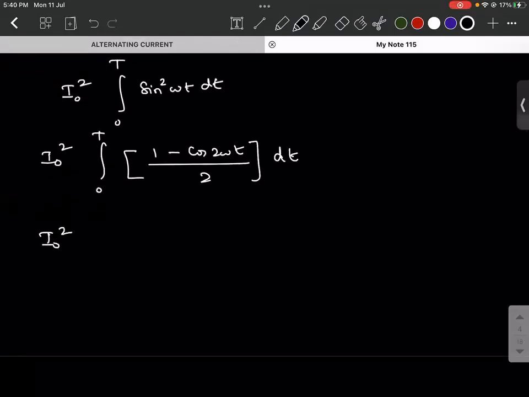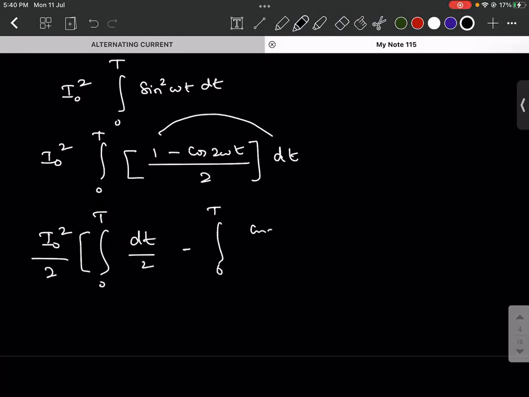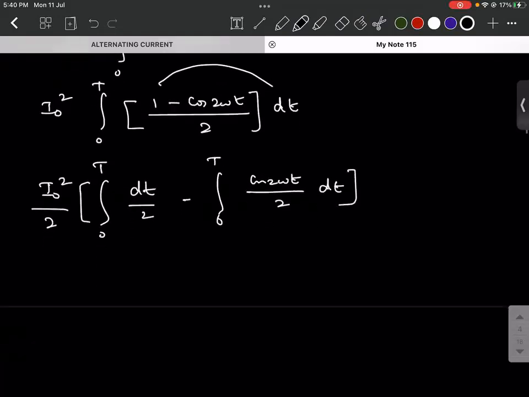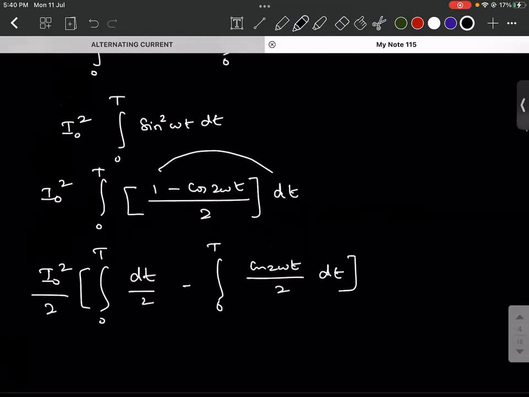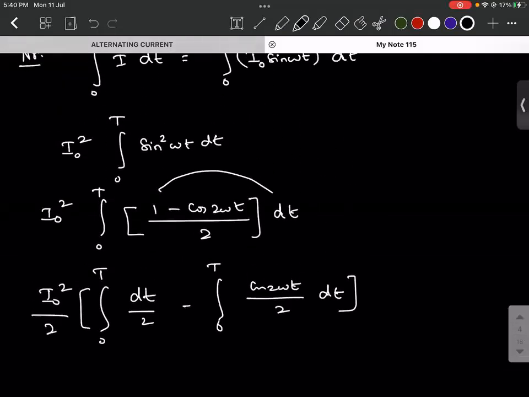So it will be I naught square by 2 into integral of 0 to T dt minus integral of 0 to T cos 2 omega t dt, all divided by 2. Am I clear till this step? I suggest you copy it till here.